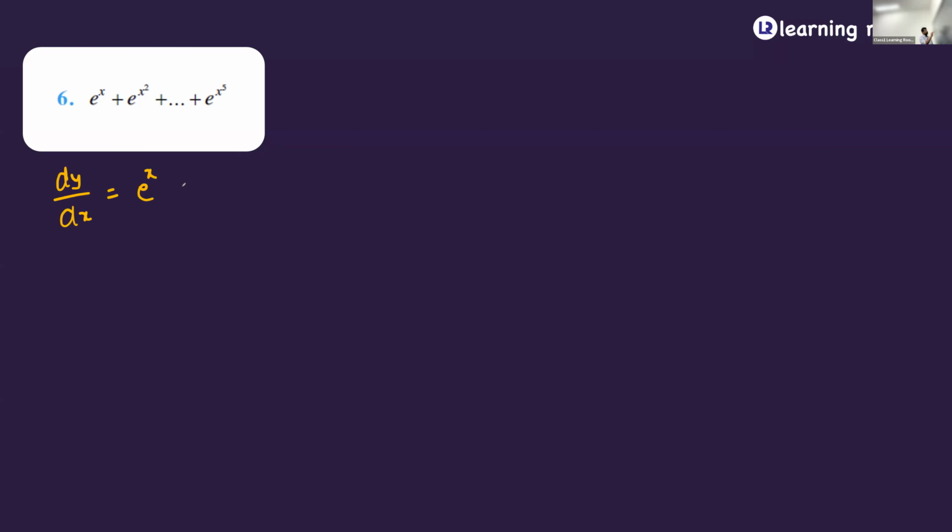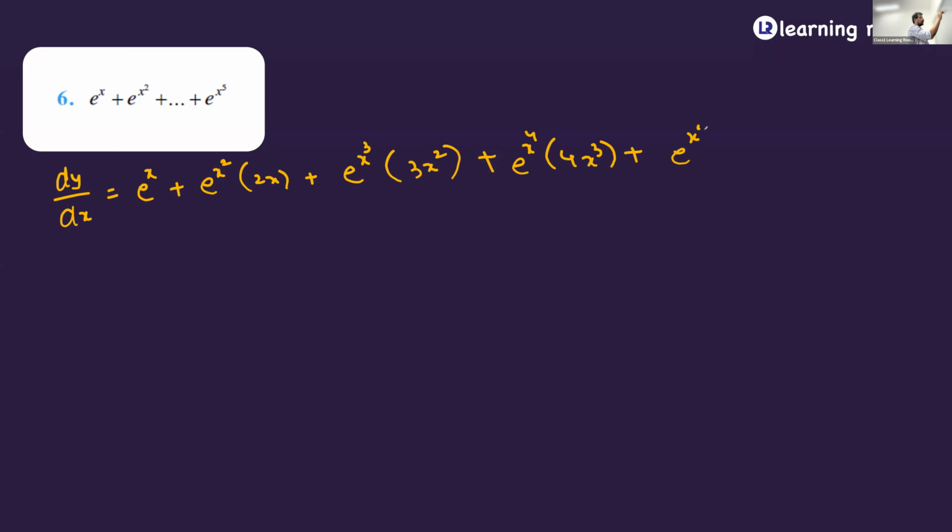Derivative of e power x is e power x, plus derivative of e power x square is e power x square into 2x, plus derivative of the next term will be e power x cube into 3x square, plus e power x power 4 into 4x cube, plus here it will be e power x power 5 into 5x to the power 4. So you cannot simplify it, leave it as it is. You cannot take any common term from this. So this will be the answer.